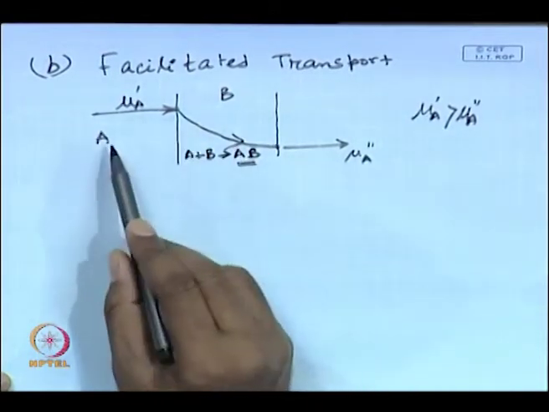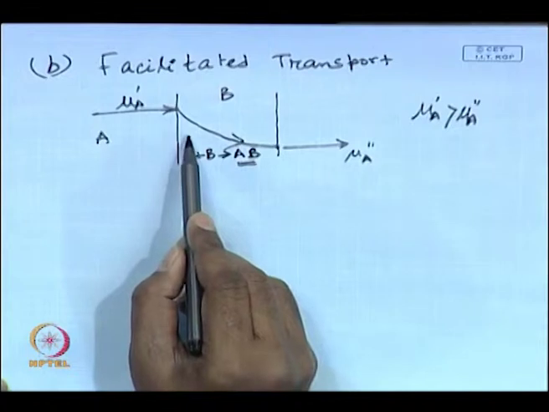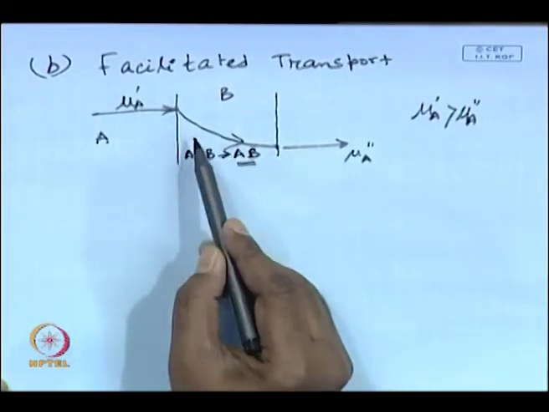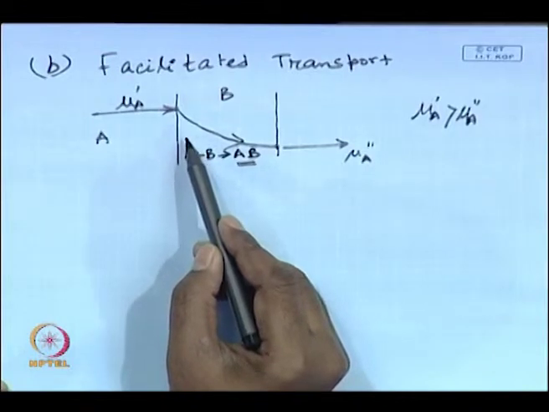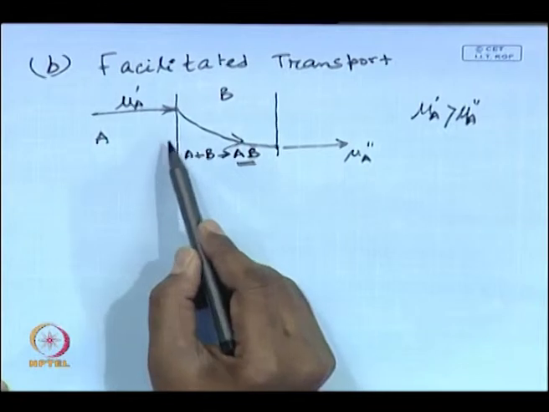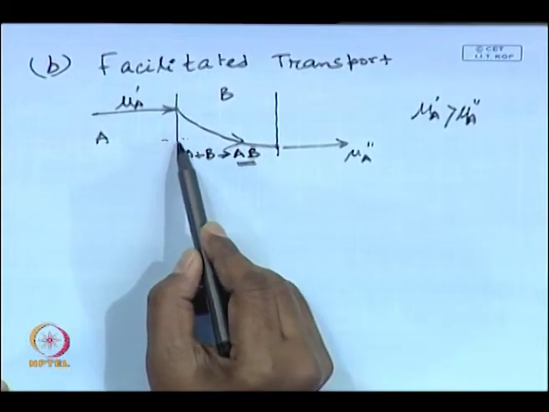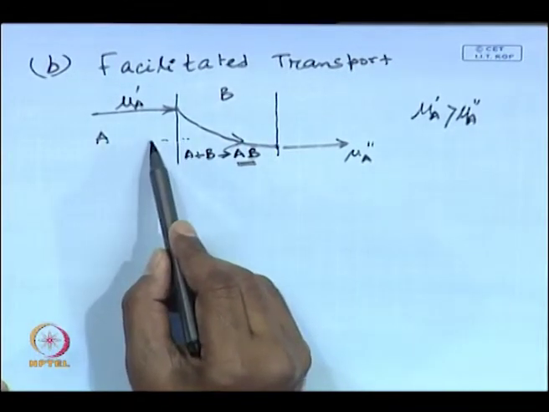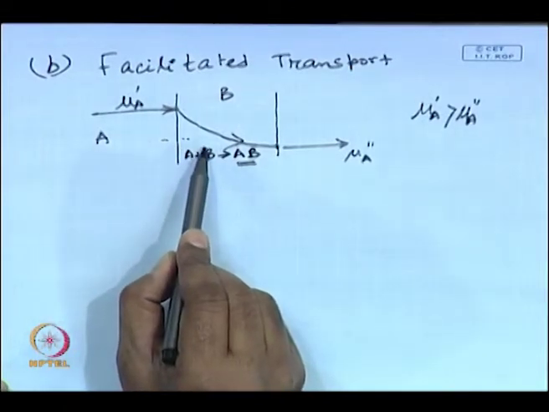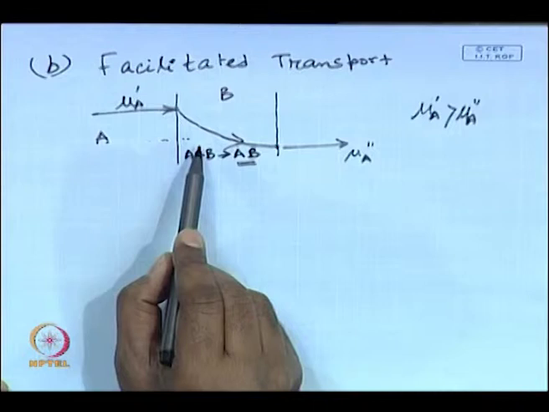Why? Because when A is coming into the membrane phase, it forms a complex AB. Therefore, the concentration of the species A in the membrane phase will be immediately 0. So, it maintains a maximum concentration difference between the membrane phase and the feed phase. Therefore, more A will be coming into the membrane phase and the transport rate will be enhanced.